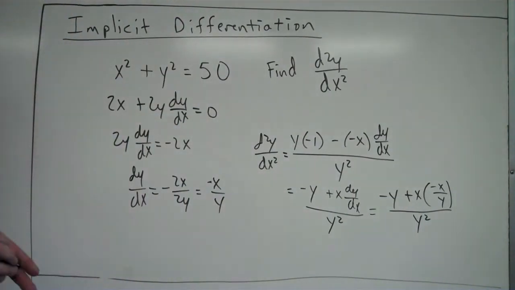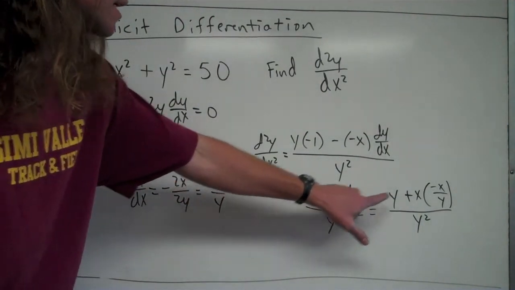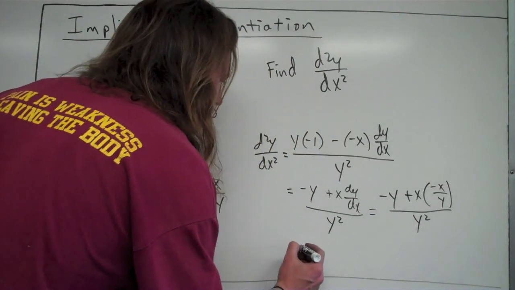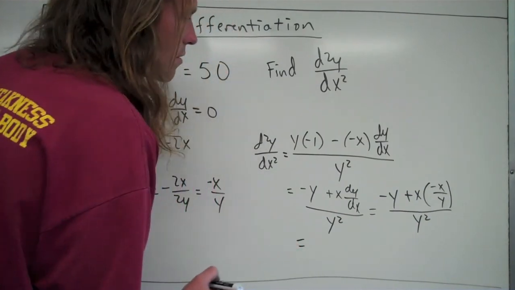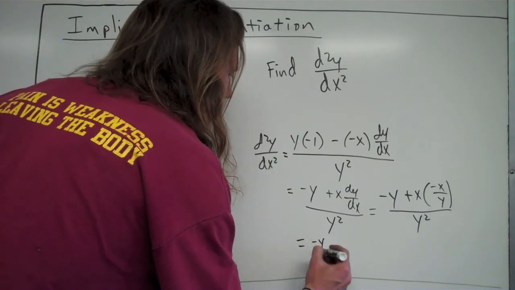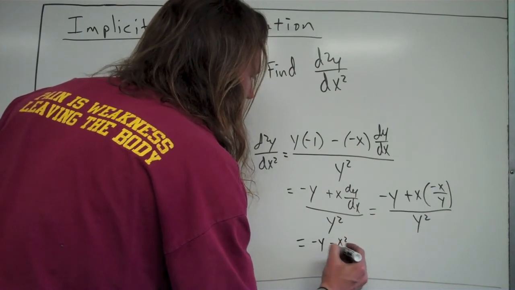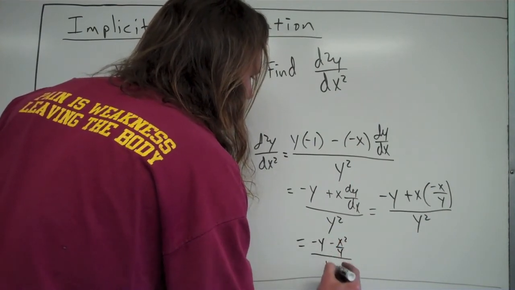And again, all I did here was, instead of writing dy over dx, I just replaced it with negative x over y. Now, if I want to, I could simplify this to negative y, x times negative x is going to be negative x squared over y, and then all over y squared.